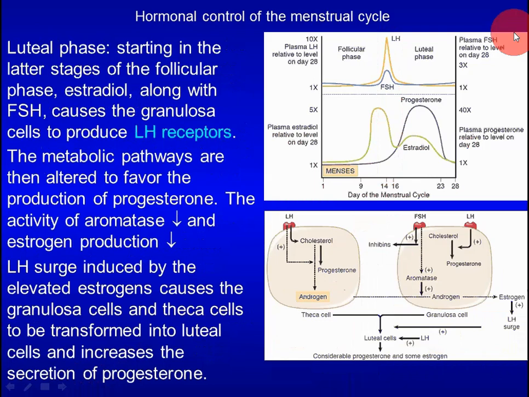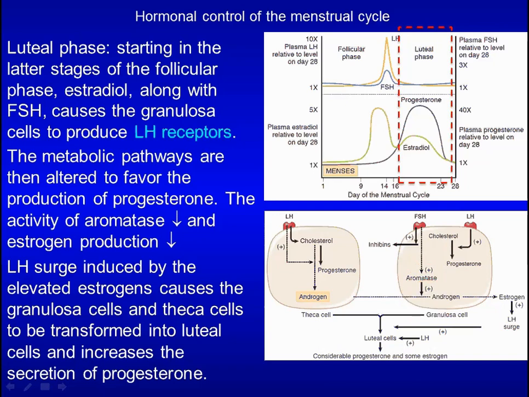Now we are in the luteal phase. Starting in the later stage of follicular phase, estrogen along with follicle-stimulating hormone cause the granulosa cells to produce luteinizing hormone receptor. The metabolic pathways are altered to favor production of progesterone and reduced production of estrogen in granulosa cells.